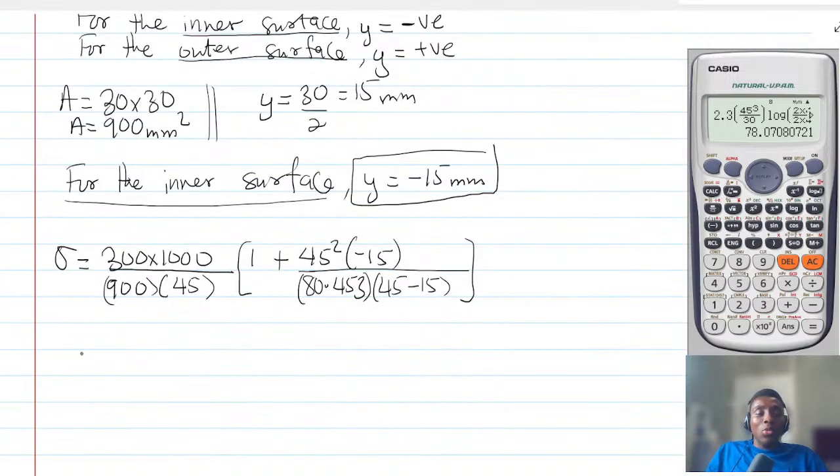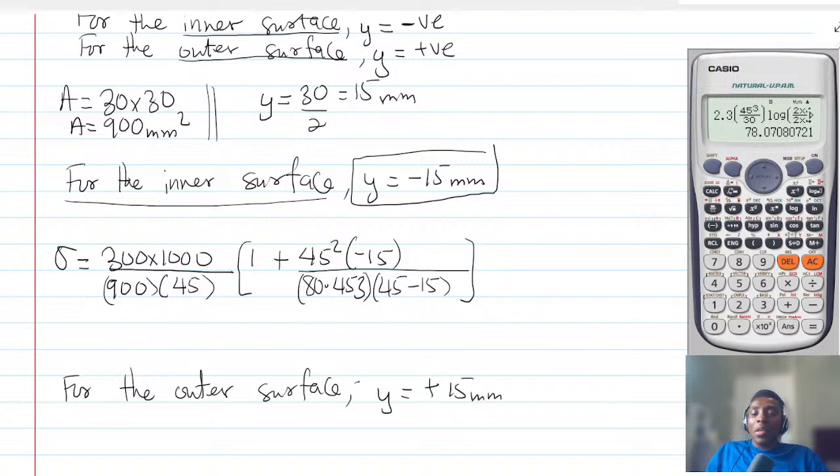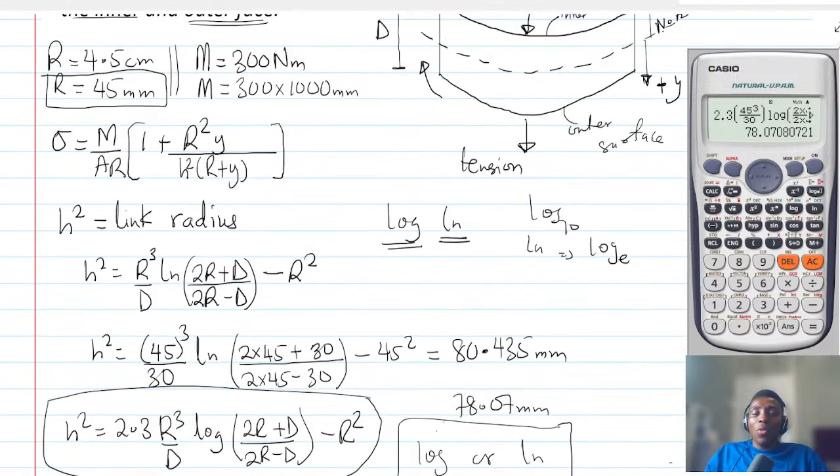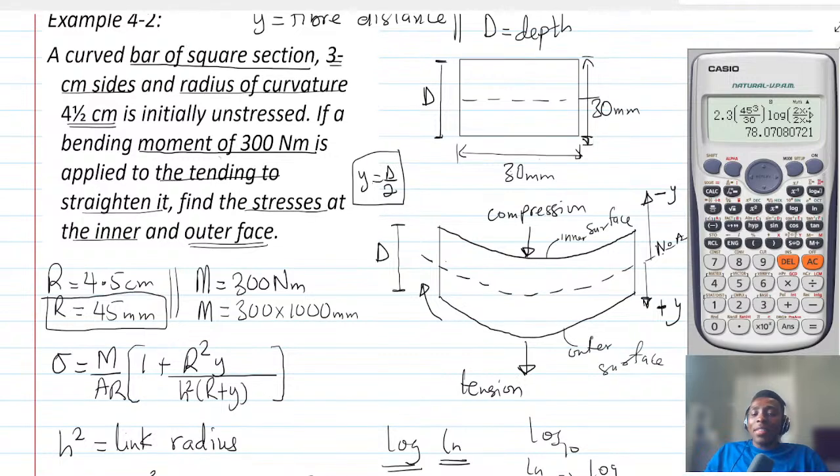Now you are going to do the same thing, but then for the outer surface, the y will become plus 15. Okay, so if you come back here, the outer surface is where the y will be what? Positive.